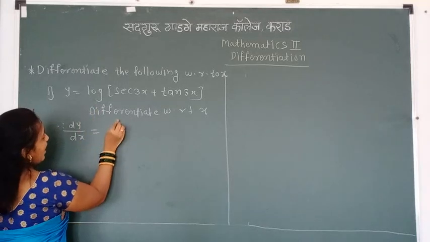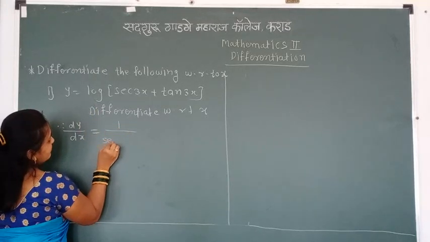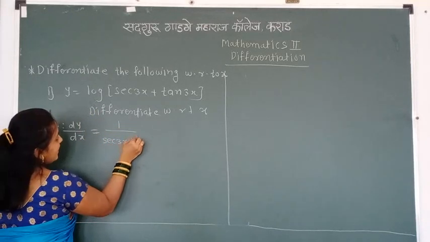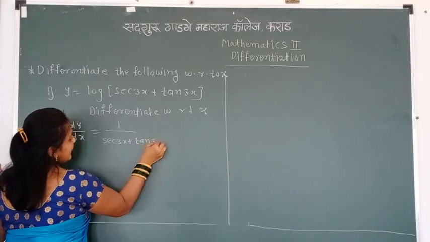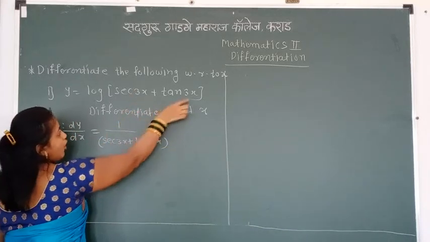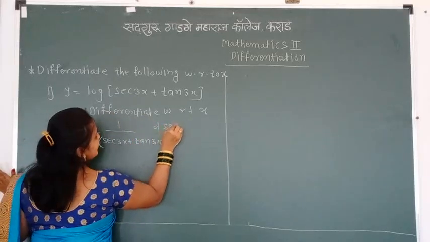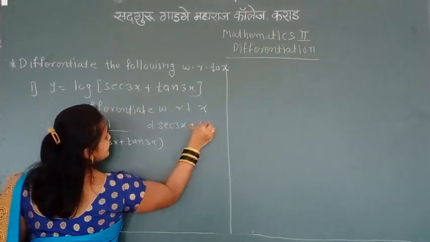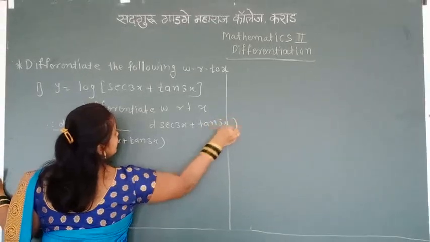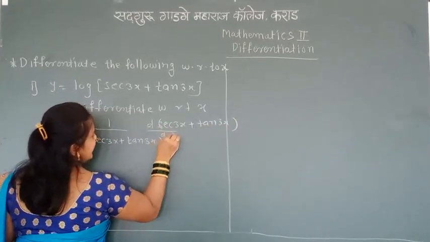So, here it will be 1 upon sec 3x plus tan 3x. But this is not the whole x. So, again we find the derivative of sec 3x plus tan 3x with respect to x.